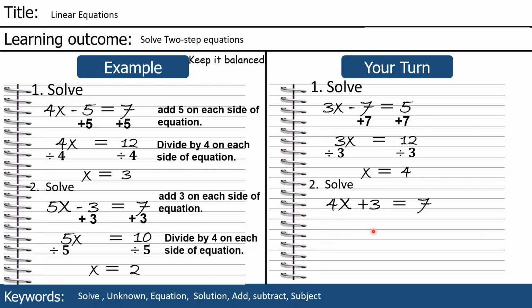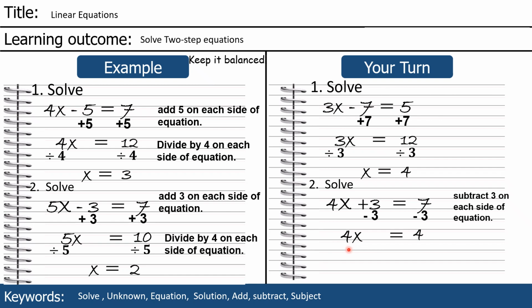So we subtract 3 from the left-hand side of the equation, and we also subtract 3 from the right-hand side of the equation. This means that 4x will be equal to 4.